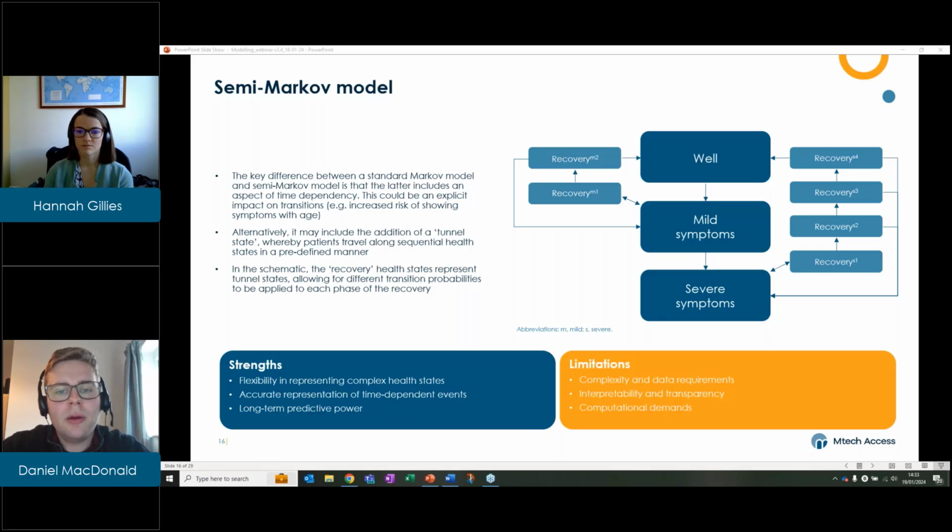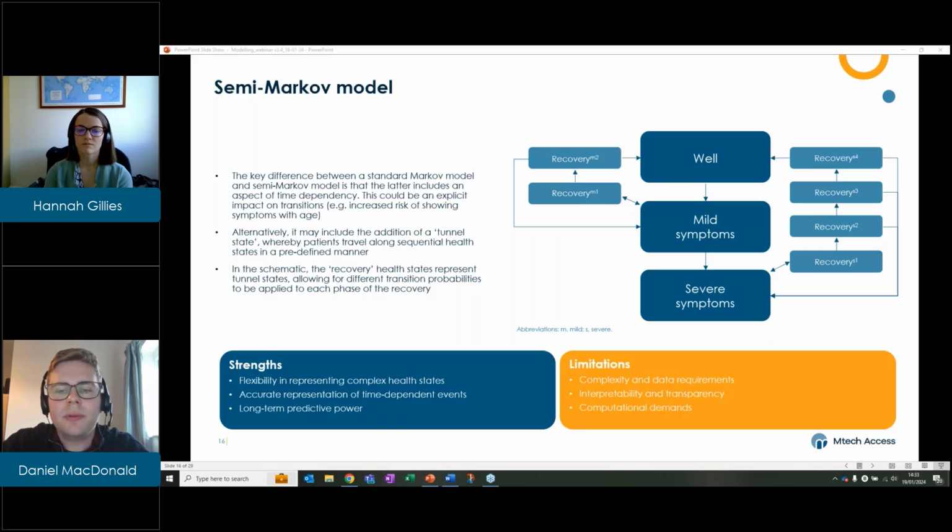There are resource requirements here. In a Markov model, we have transition probabilities, so the probability each cycle of a patient moving between health states. Having multiple tunnel states would require transition probabilities to be estimated for movement into those states. In this diagram, we have 6 tunnel states, for example.